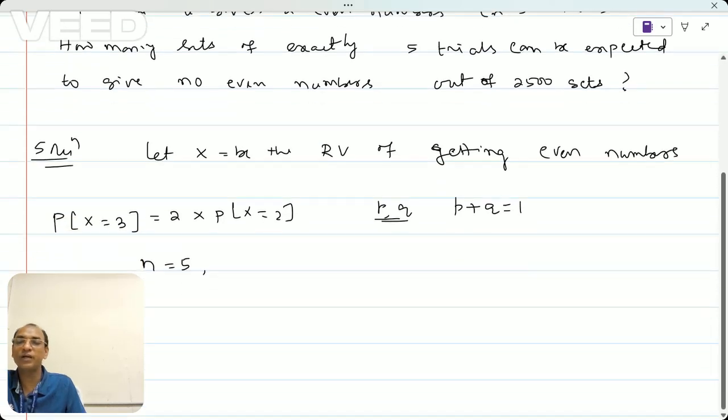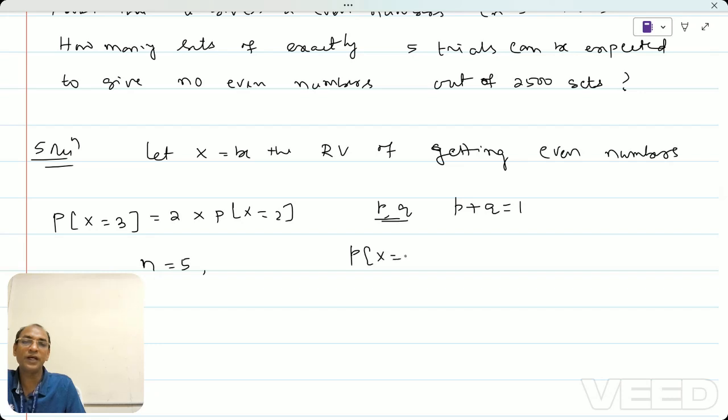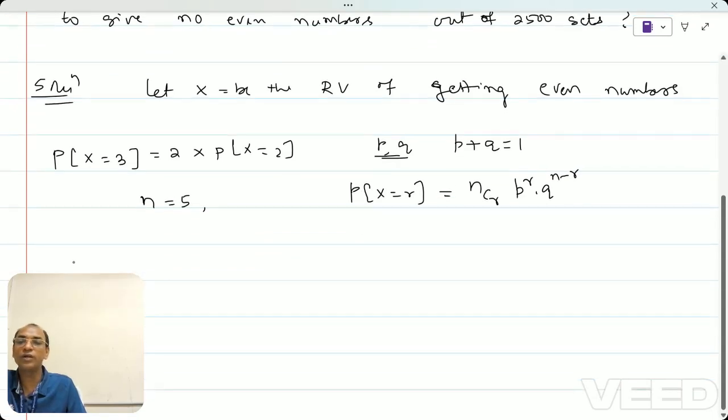So n equals 5. What is the meaning in case of binomial distribution? The probability of x equal to r is nCr p to the power r into q to the power n minus r. But here somewhere r equals 3, somewhere r equals 2. So we can equate both sides.